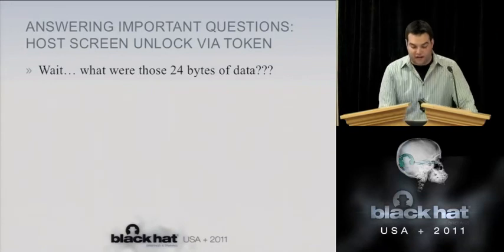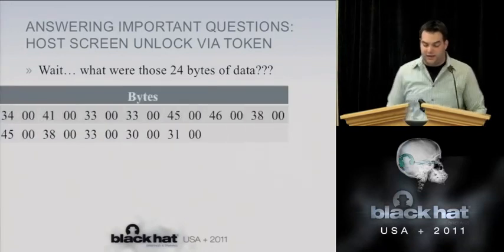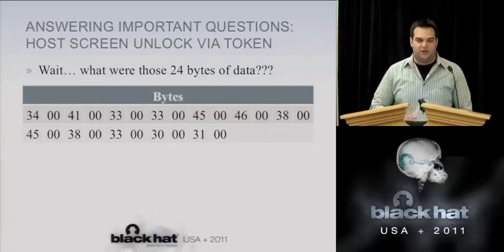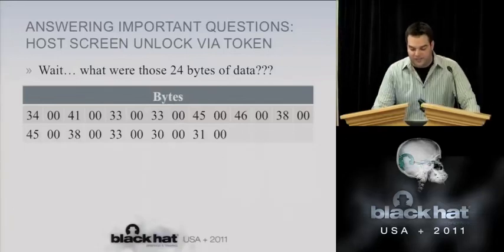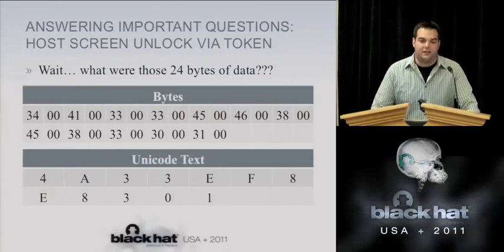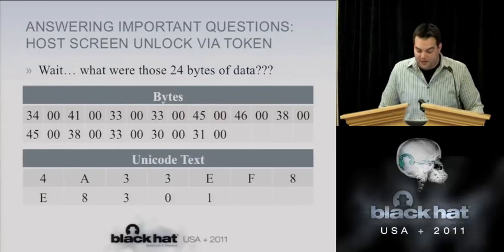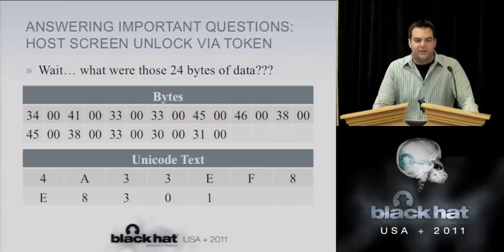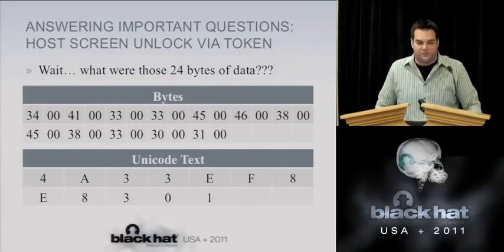Looking at those 24 bytes, this looks a little more familiar: some ASCII text followed by nulls, likely a Unicode string. If we decode that as Unicode, it's exactly the same value we had before, with an 01 tacked on, probably just to make it 24 bytes.